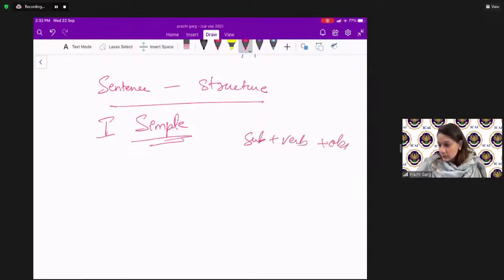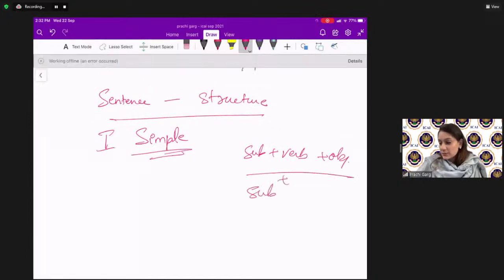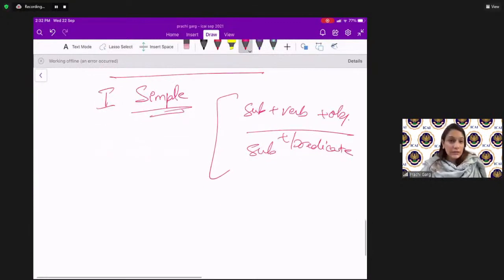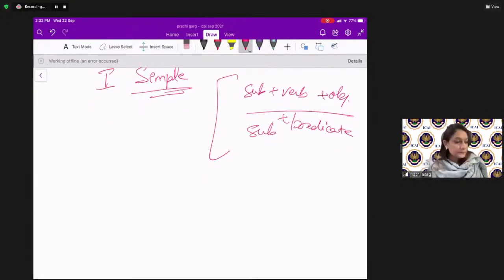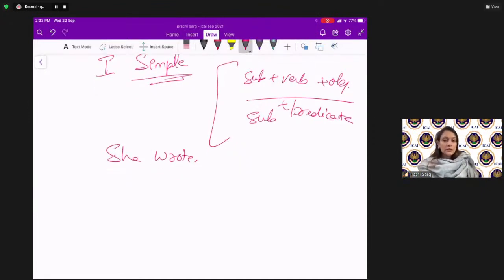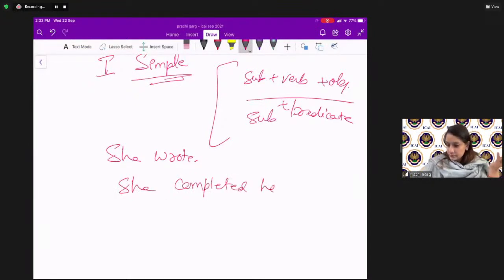Yes, it will have a simple subject plus predicate, right? If I say she wrote, right? Now this is the simple sentence. She wrote, so this is enough, right? If I say she completed her literature review, right?